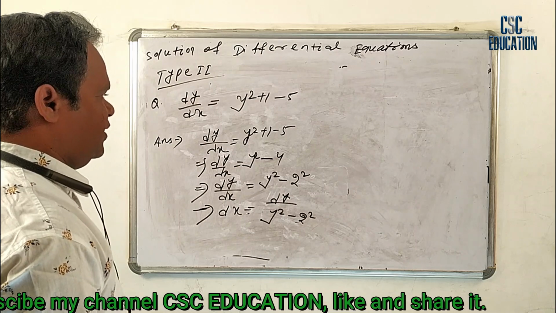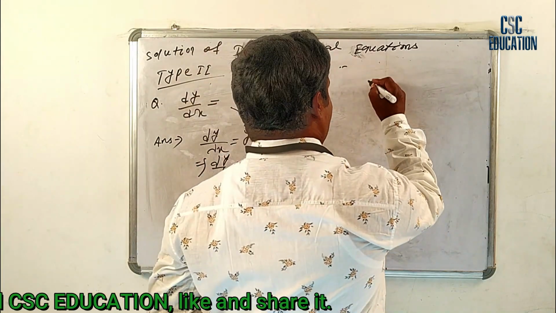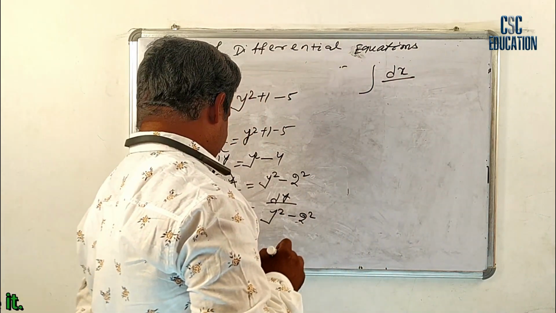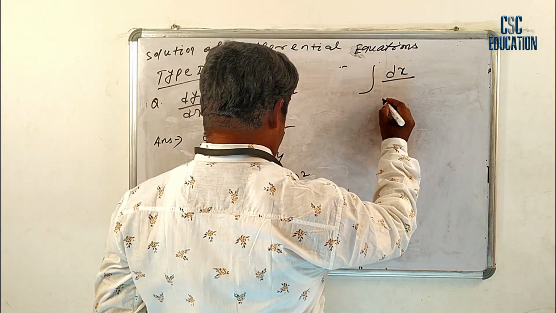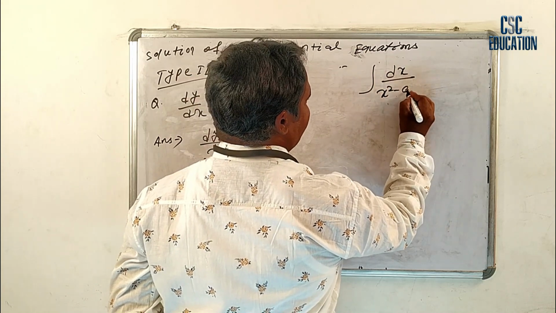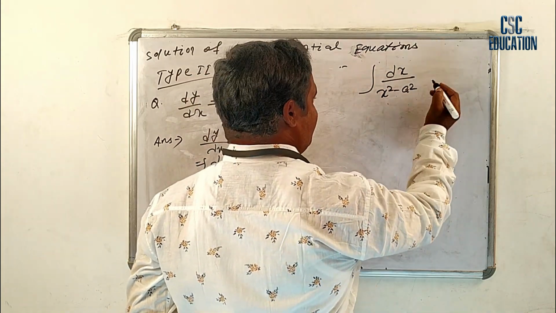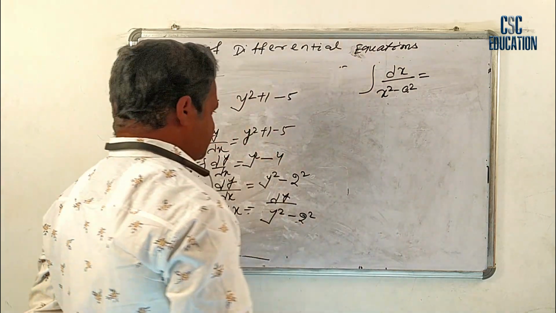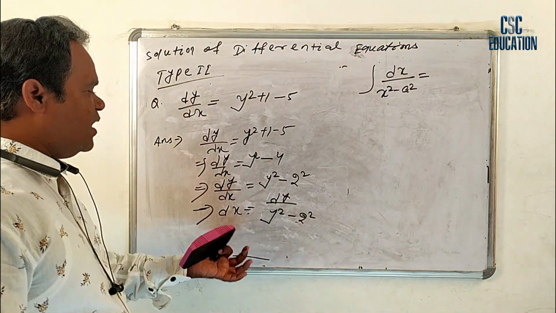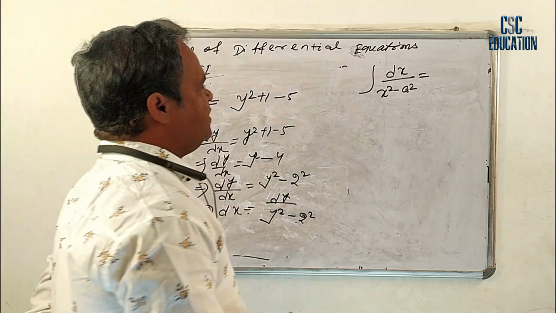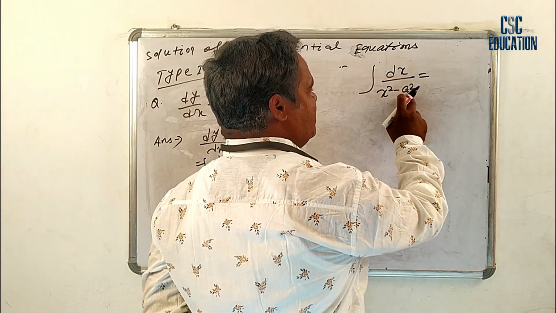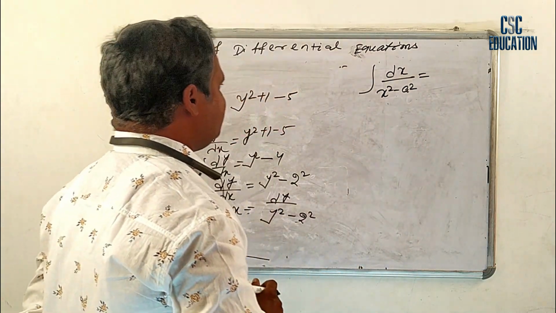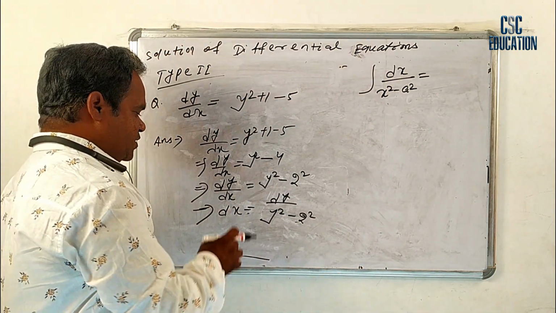Okay, that is another important form, the integral of dx divided by x square minus a square, which has a formula.